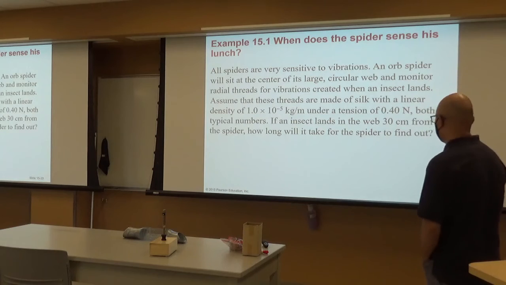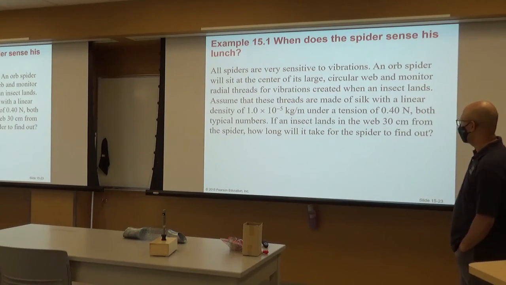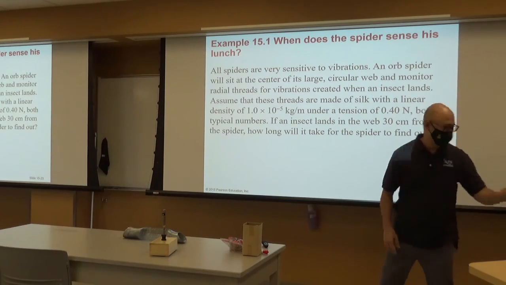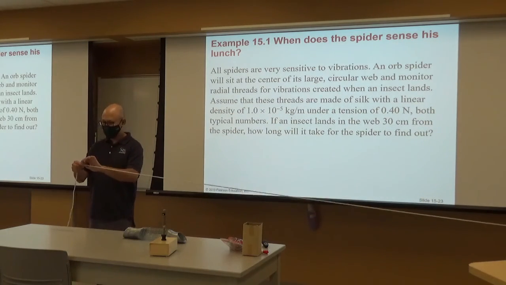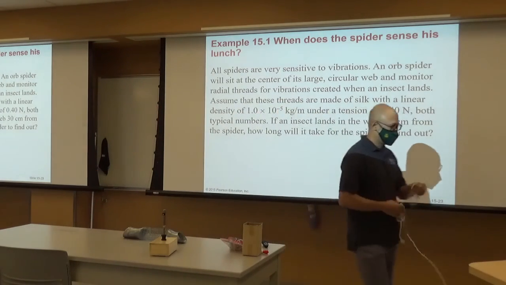So how long will it take for the spider to sense the wave? First you need to find the speed at which the wave travels. When the insect produces the wave, it travels along this direction. And what's the speed of that wave?